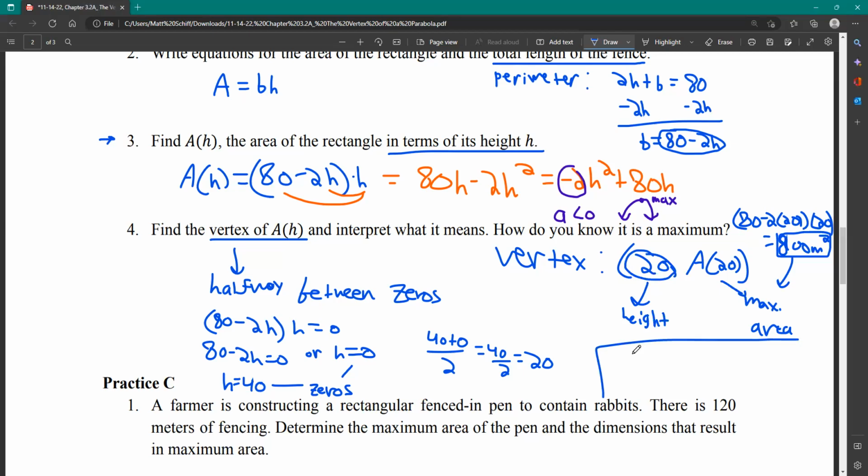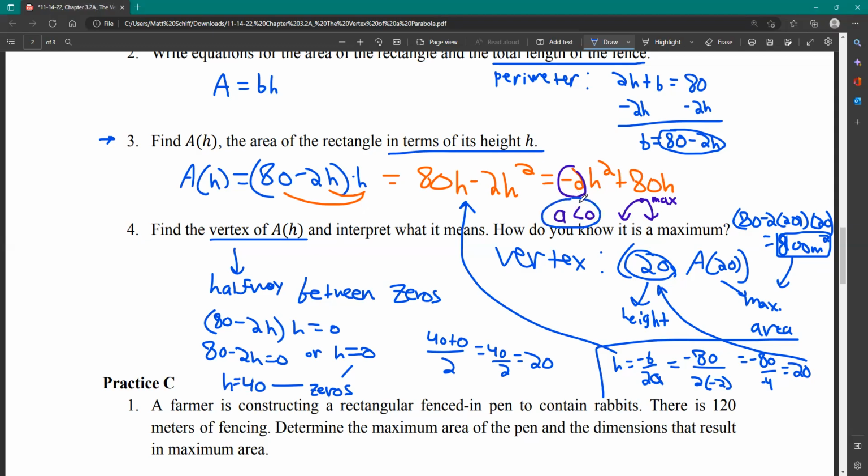Because h is negative b over 2a, where b and a come from standard form. So you do need standard form for this. You would be doing negative 80 over 2 times negative 2, which is negative 80 over negative 4. That's how you also get 20. And then A of 20 is still 800. So that's another way to find the vertex using that quick little formula there. And again, we know this is the maximum because in the standard form, the a value is negative. The parabola is concave down.